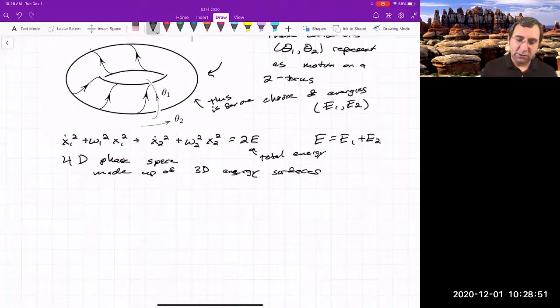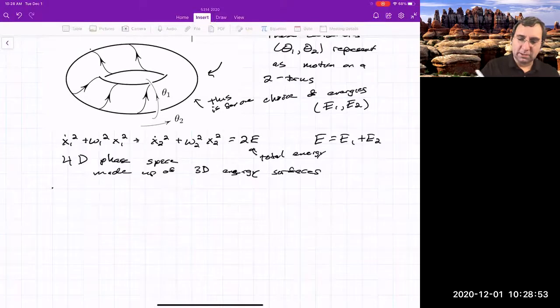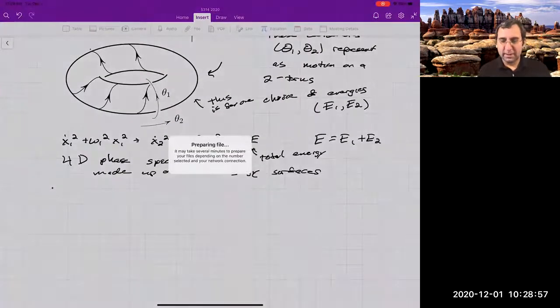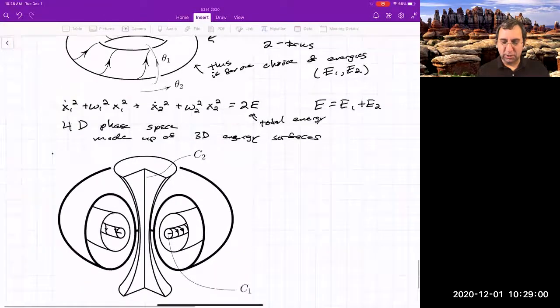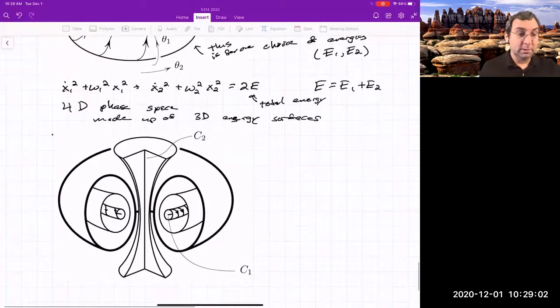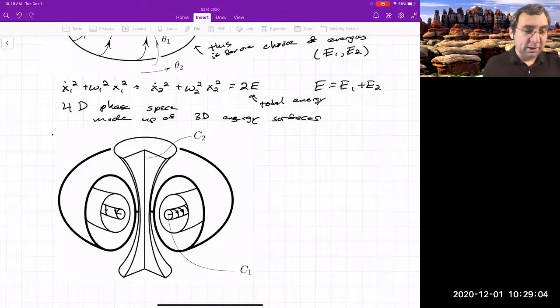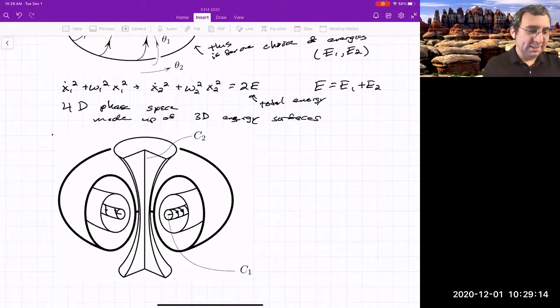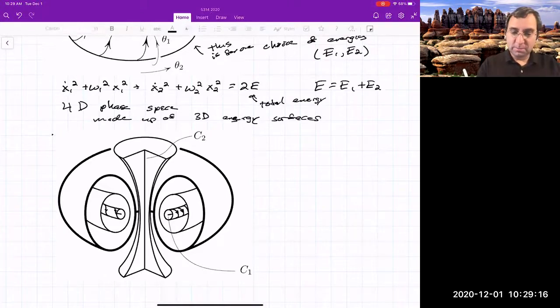And if you want to see how they're all connected, I'll give you this picture because it's interesting. This is showing the family of all tori, the invariant tori of the energy surface. And you'll see there's these curves that we're writing as C1 and C2. Those represent the two normal modes.